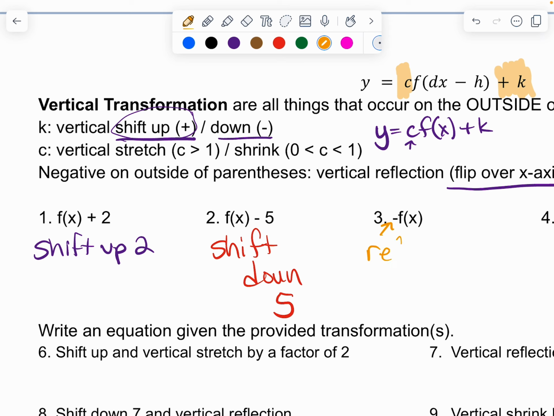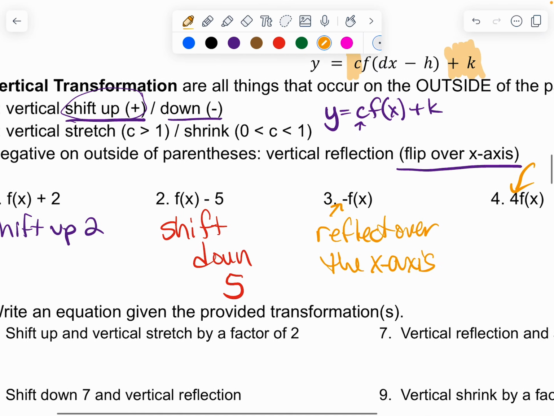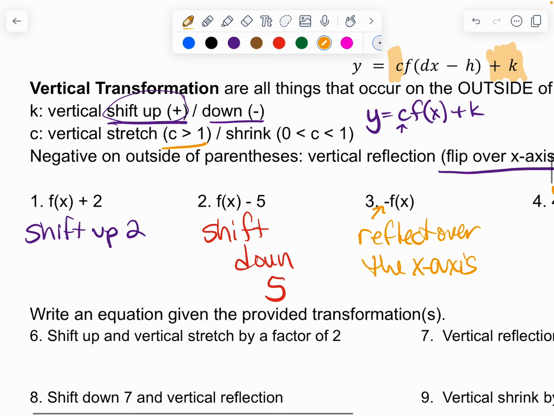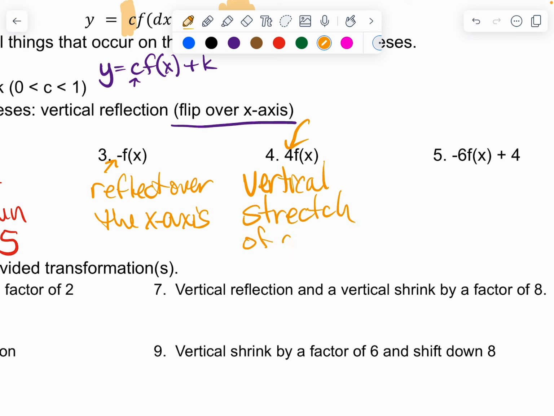That means we're going to reflect over the x-axis. And last but not least, it's greater than 1, so it's going to be a vertical stretch of a factor of 4.